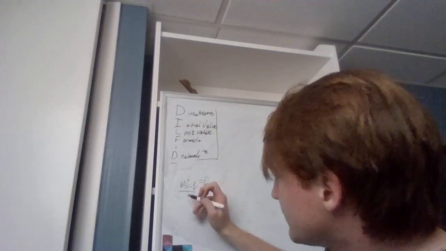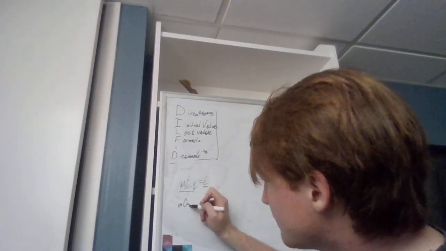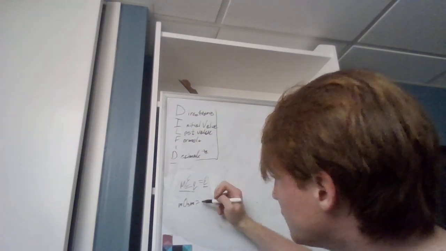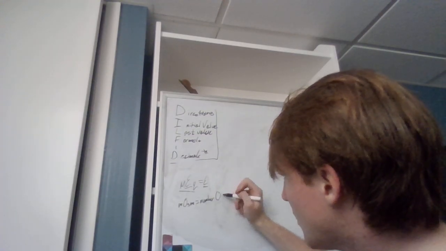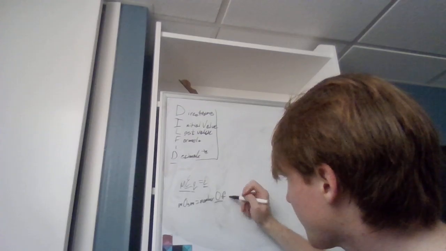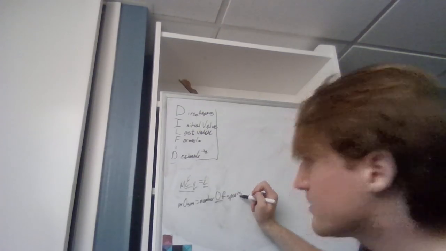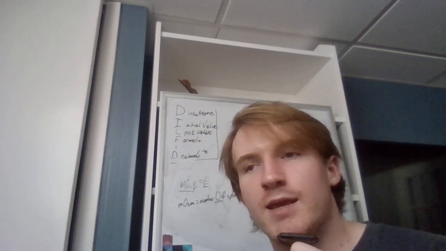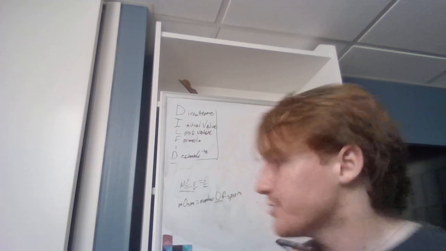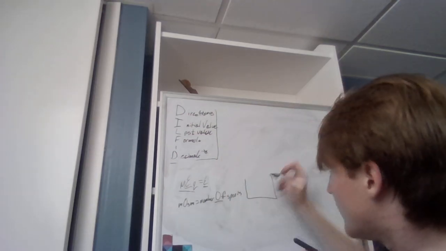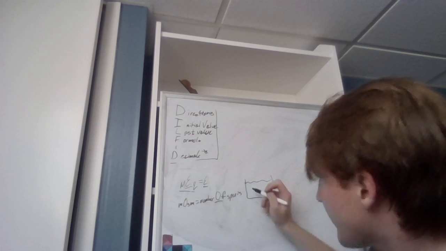For milliosmoles, mOsm is equal to number of species. So it's kind of like how many separate molecules are floating around in our solution. So we have a tank of water.